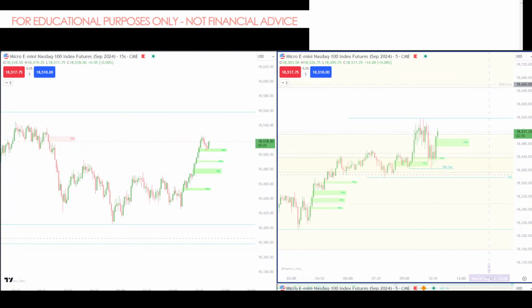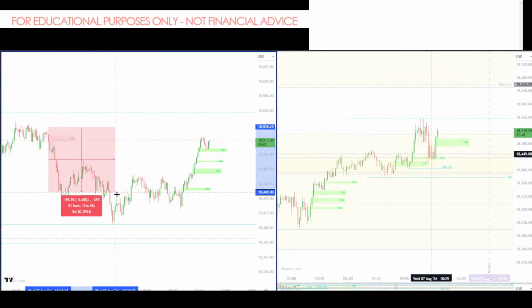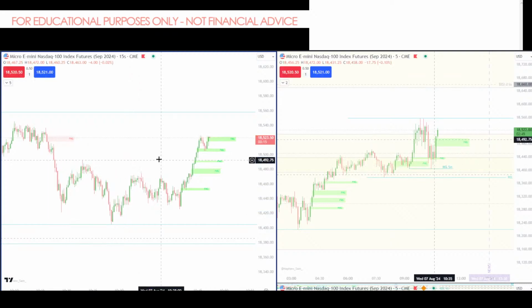So again, price has moved at least 50 points from original consolidation, and it did, 129 points.